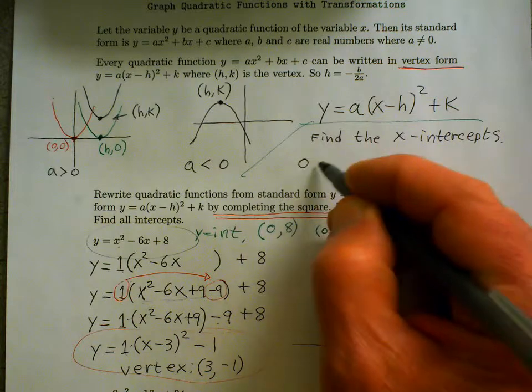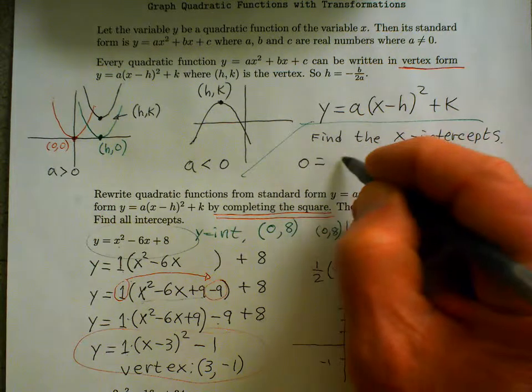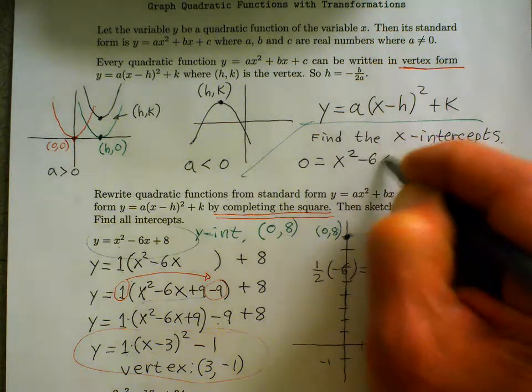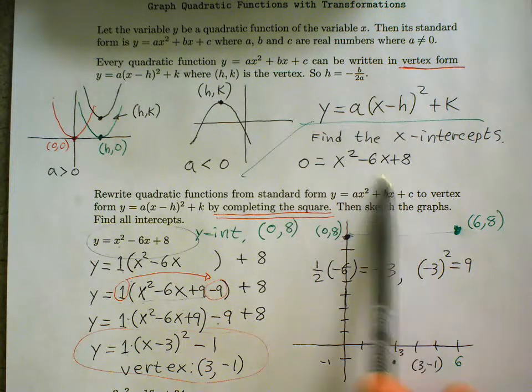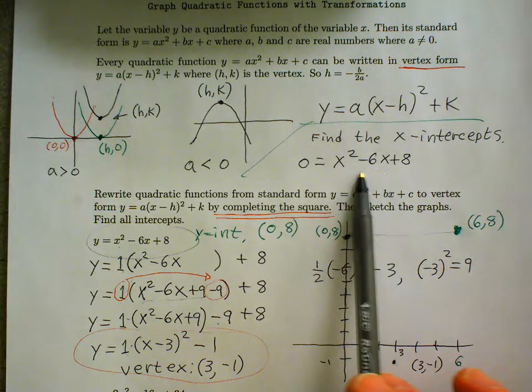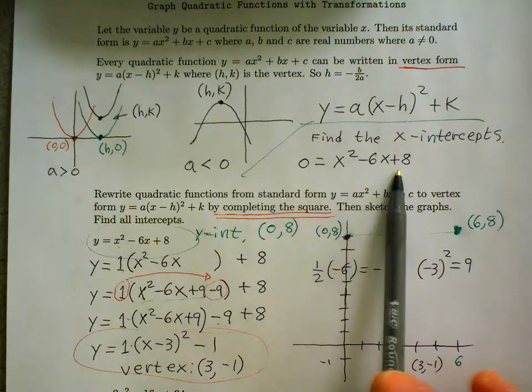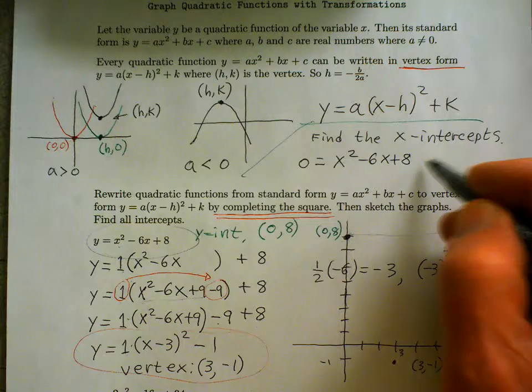So we just solve this equation, 0 equals x squared minus 6x plus 8. We can always use the quadratic formula, but this one can be factored pretty nicely.